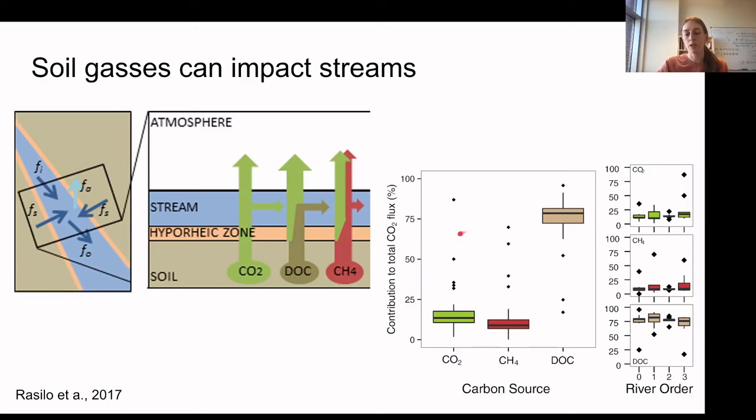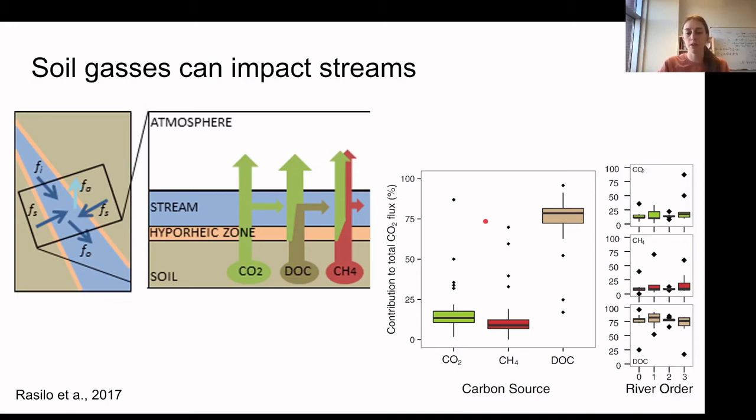So of the total CO2 flux, this study was showing that these terrestrial soil gases, including CO2 and methane, but also the actual DOC itself, are contributing a huge amount to the CO2 that's leaving our streams.